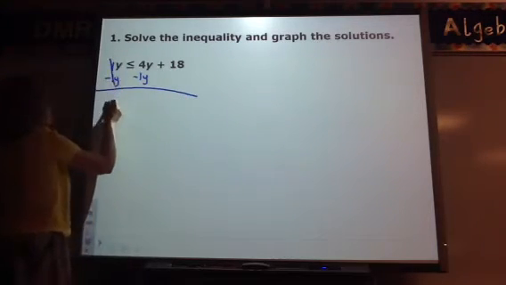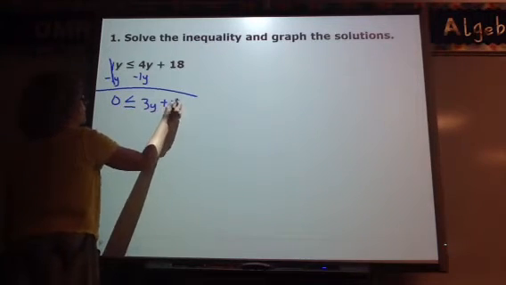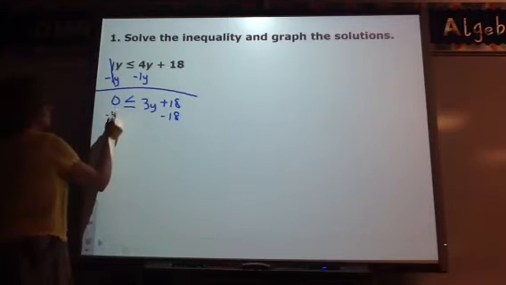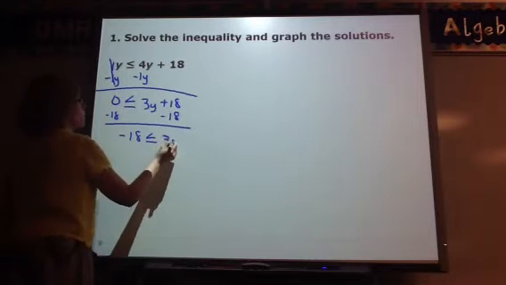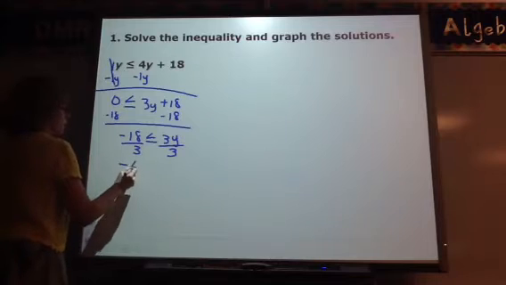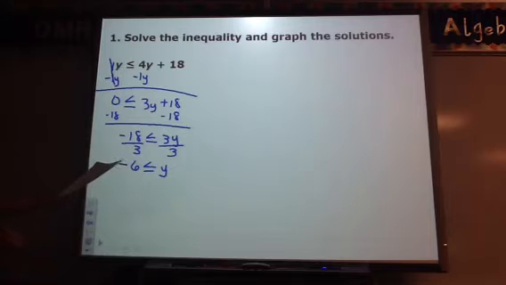So this cancels out to 0. I have 0 less than or equal to 3y plus 18. Inverse of addition is subtraction. Negative 18 less than or equal to 3y. Divide by 3. Negative 6 is less than or equal to y.